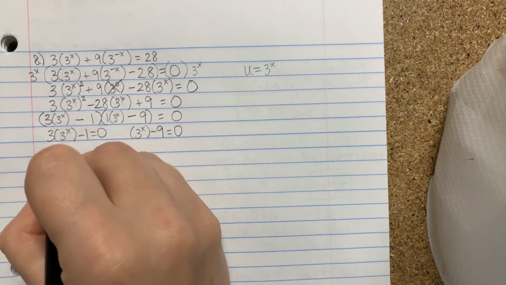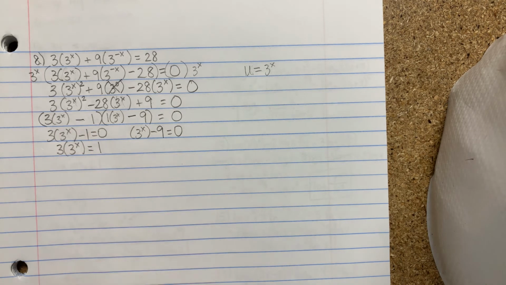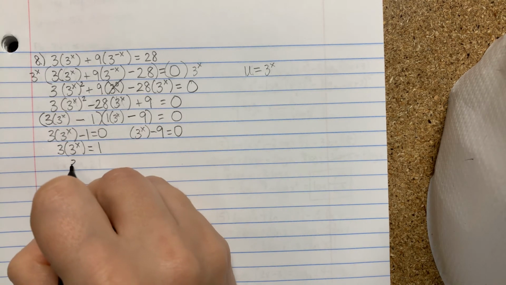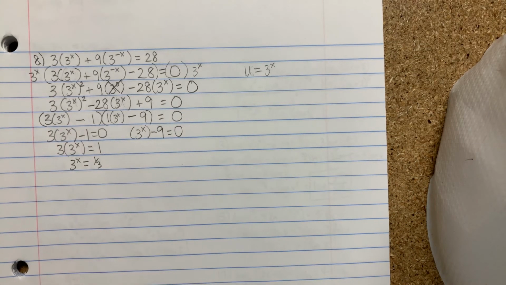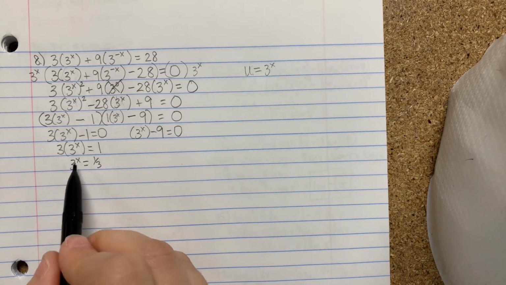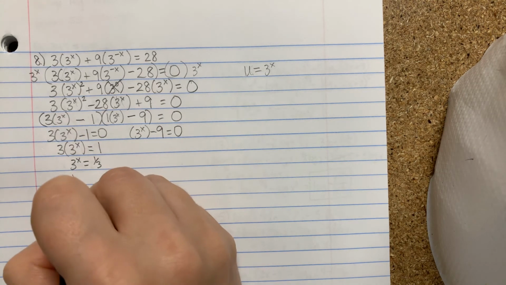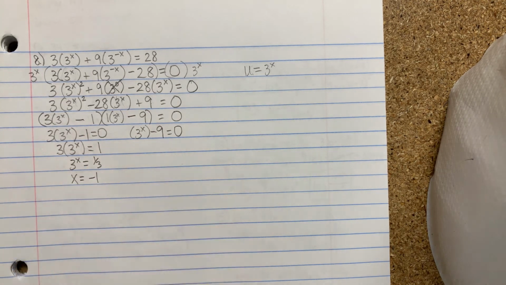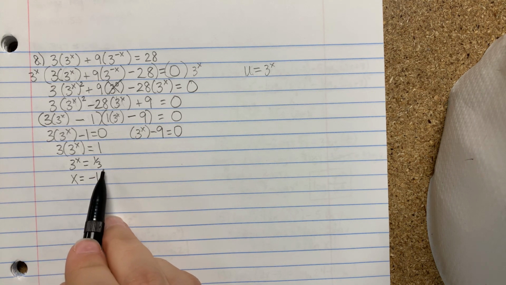So this one is 3 times 3 to the x equals 1, which means 3 to the x equals 1/3. So then I have to ask myself, well, 3 to what power gives me 1/3? That would be negative 1. If x were negative 1, 3 to the negative 1 power is 1/3.